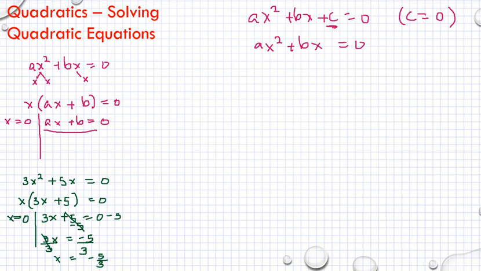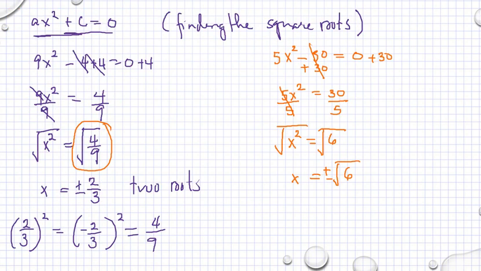I forgot to tell you in my first video that when you get two roots, you need to specify them. You need to specify them like this: my first root is equal to 2/3, and my second root is equal to negative 2/3.